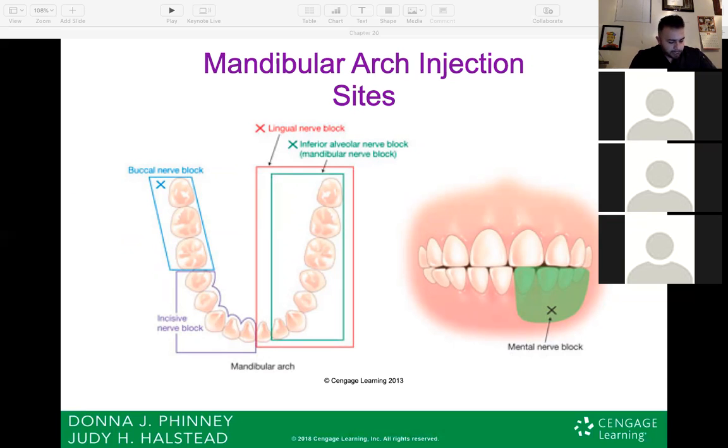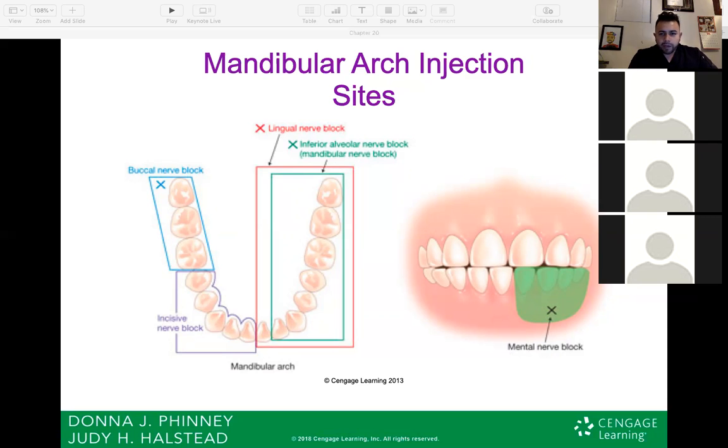With the buccal nerve block, that'll numb the buccal tissue that's next to the mandibular molars only. And this injection site is on the mucous membrane to the distal and toward the buccal of the last mandibular molar tooth in the arch. So exactly where that X marks the spot, that'll numb all those three teeth there.